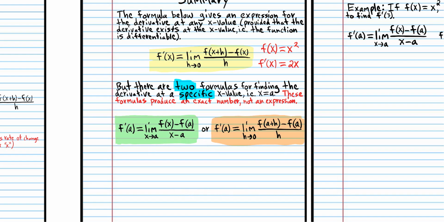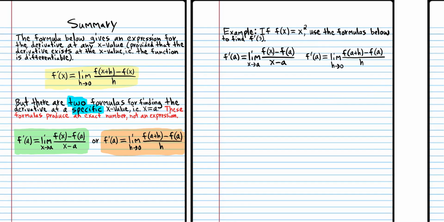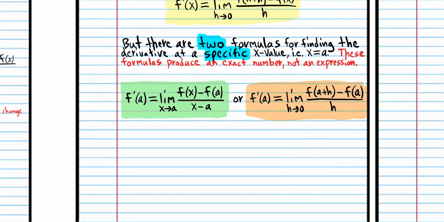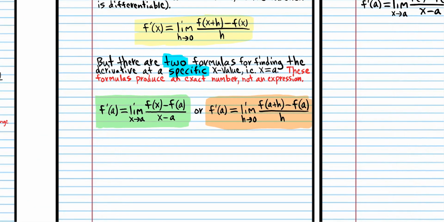So let's demonstrate how these expressions work. So I rewrote the expressions up here, and we're going to show that they both give you the same thing. Again, we can only come up with this new alternative version of the definition of the derivative if we're finding the derivative at a particular x value.